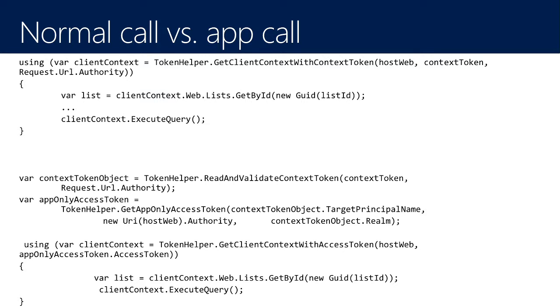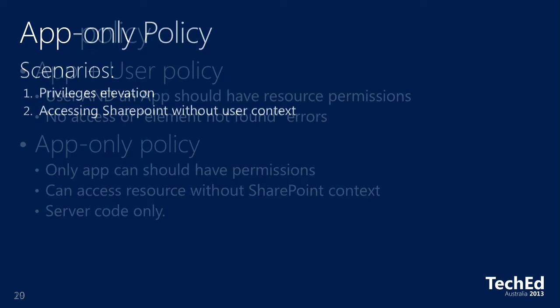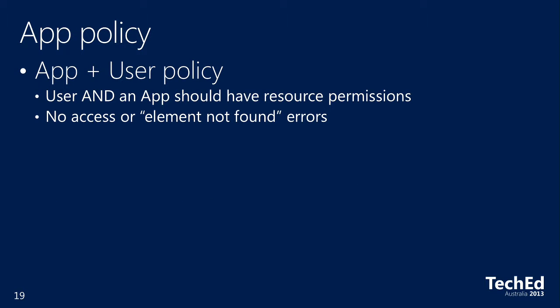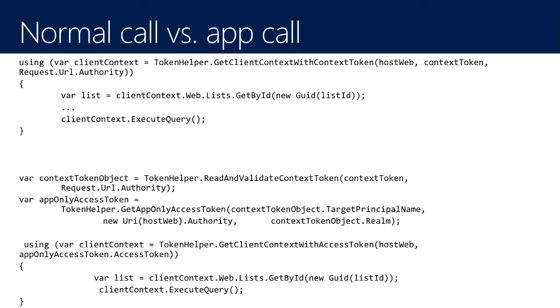The second part we need to do: if we're just using our normal code, this will run under the app plus user policy. If we want to run under an app-only policy, we need to play a little bit differently. When you create a SharePoint app, Visual Studio creates a token helper class for us, right? To help us deal with all these OAuth tokens.